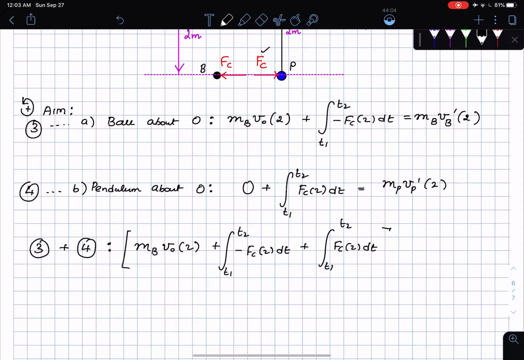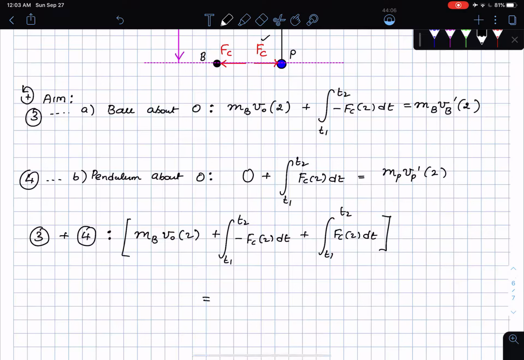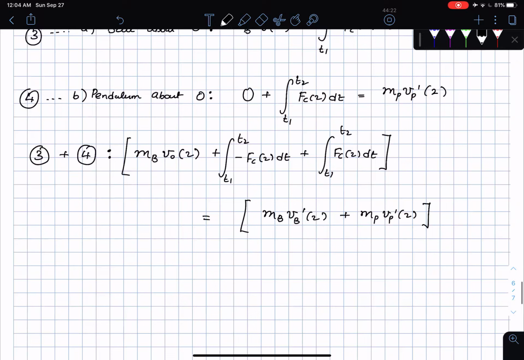These are all things on the right hand side. This is going to be equal to things on the left hand side: Mb Vb prime times 2 plus Mp Vp prime times 2. And of course, I can cancel off this one, and I can cancel off that one as well.